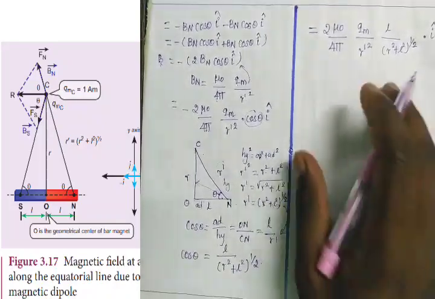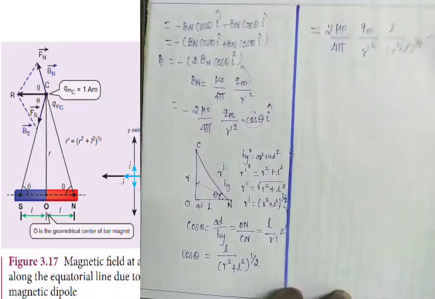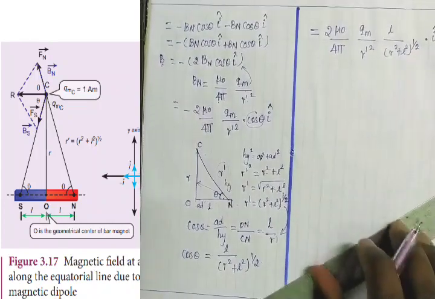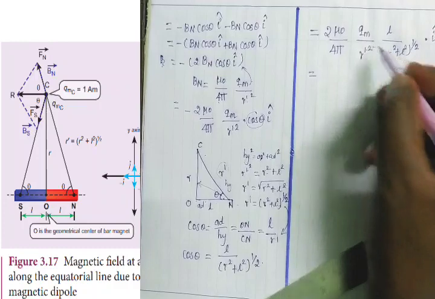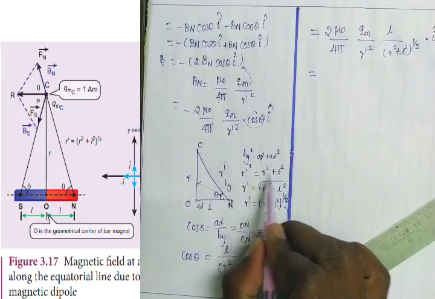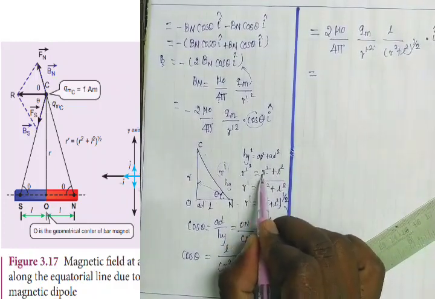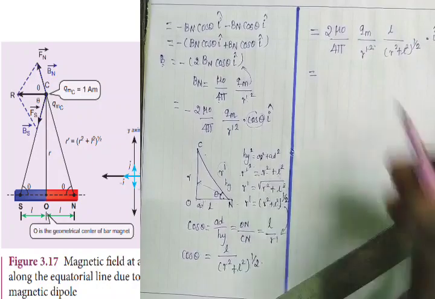Next, R dash squared is already calculated: R dash squared is equal to R squared plus L squared.